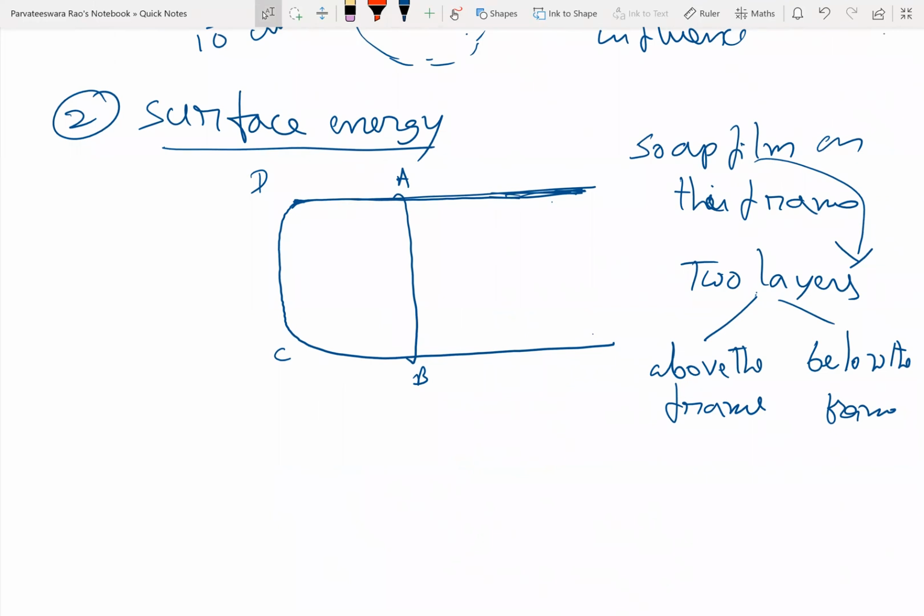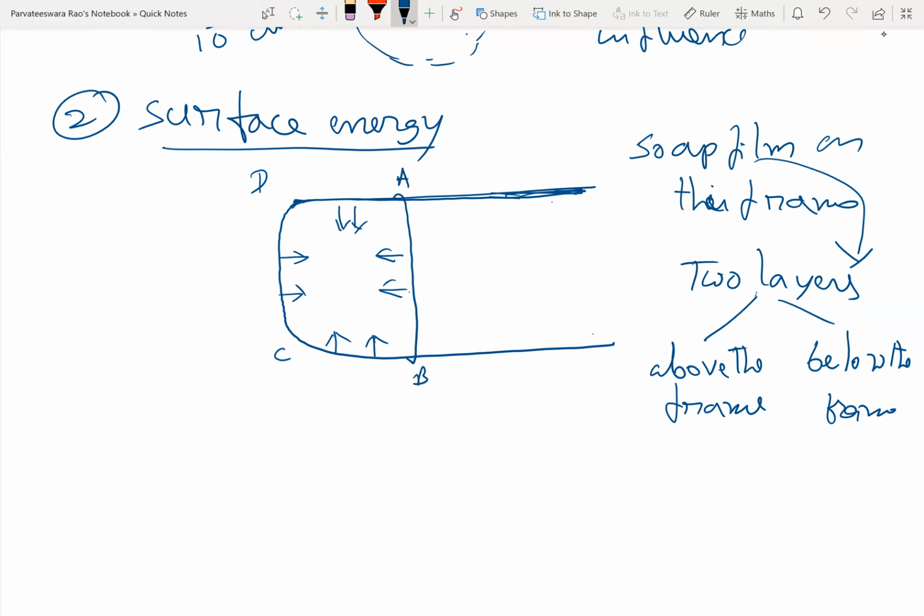So if you gently lift it and observe, you will find the wire frame tends to move inwards. How is it trying to move inwards? Because of the surface tension phenomenon I told you: all the liquid drops acquire spherical shape, and the liquid surface behaves like a stretched elastic membrane.